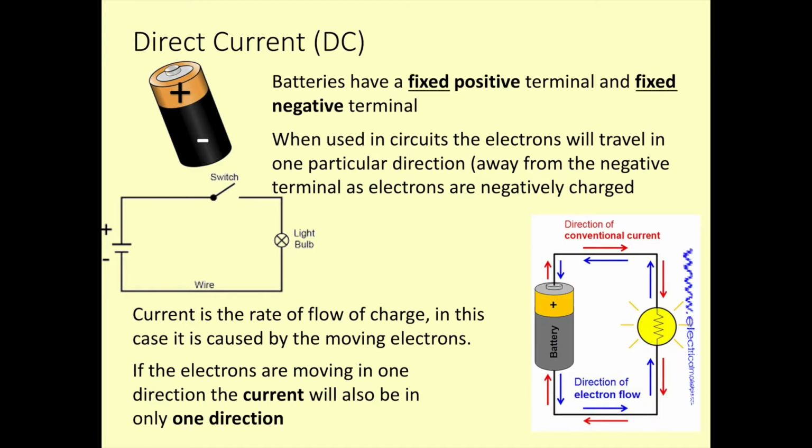This diagram on the right shows you that actually our direction of current is the opposite direction of our electron flow. This is because we have our current as a positive direction, whereas our electrons, because they're negative, are opposite to that conventional direction of current.